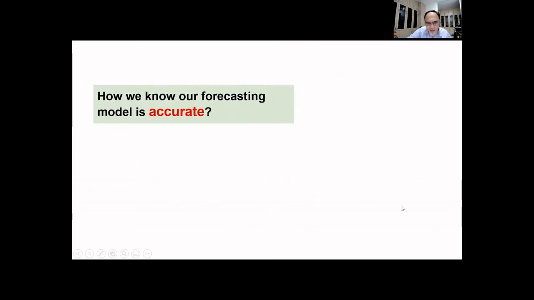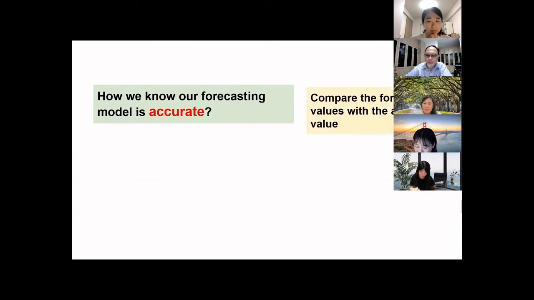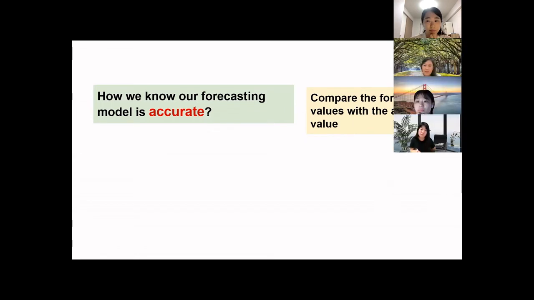Now, how do we actually know whether our forecast is accurate or not? Of course, in quantitative methods, anything must have a formula. How accurate? Then I need a formula. I need to find the difference, the accuracy. So there is a method of measuring accuracy.